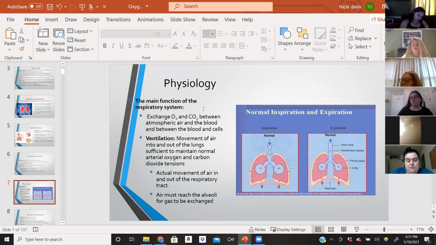It's the actual movement of air in and out of our respiratory tract. Every time we breathe in, every time we exhale, air must go all the way down into where our alveoli are in order for us to see that good gas exchange between the oxygen and the carbon dioxide.